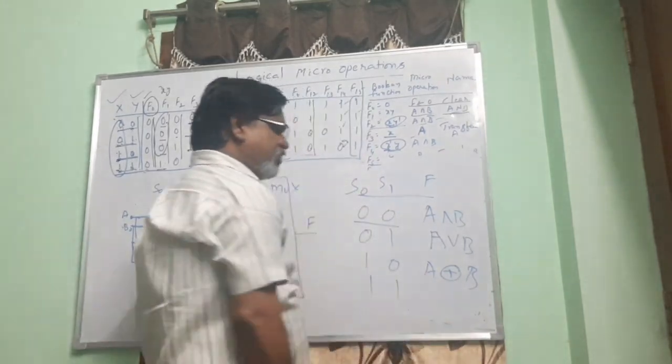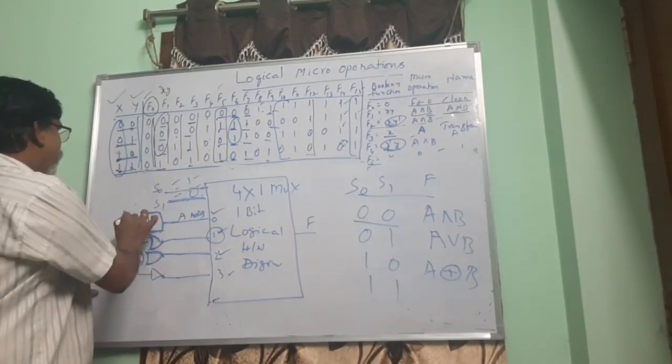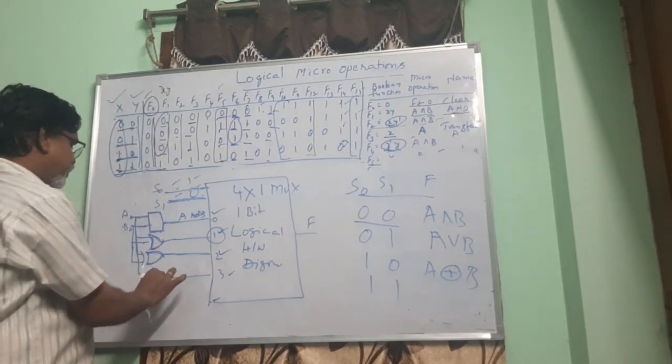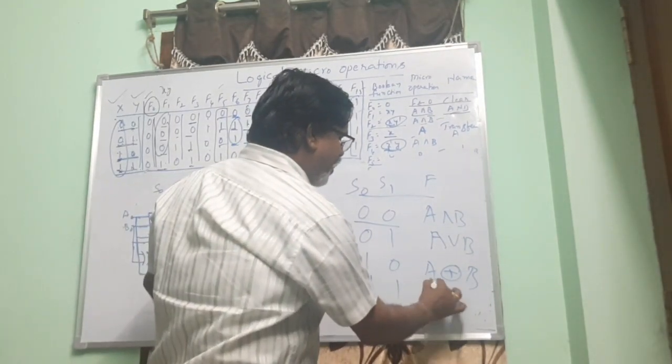Now the fourth operation, when it is 1, 1, only bit A is given to a NOT gate, and the complement is produced.